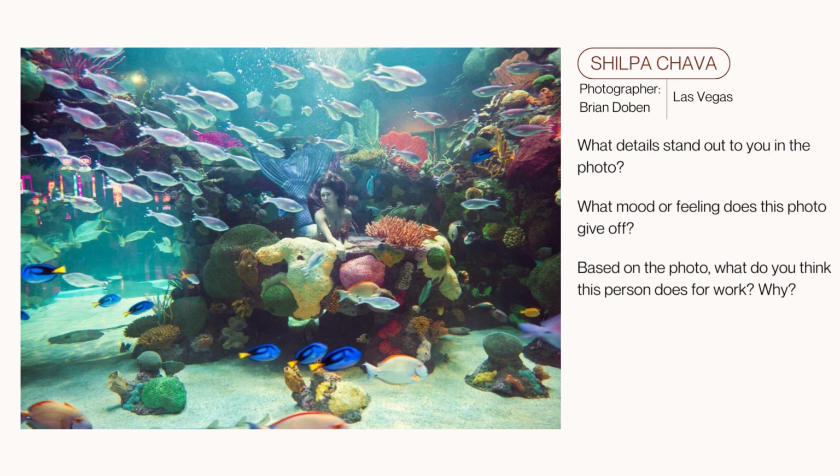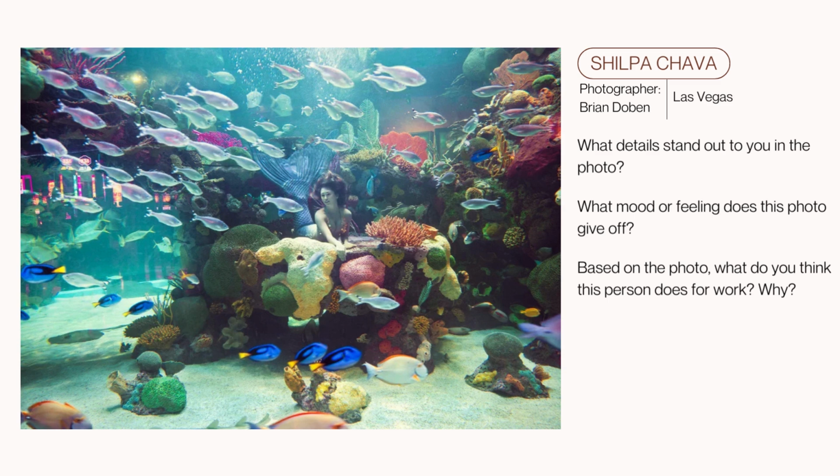Maybe it stood out to you that there's a person in the center of the photo. Does what she's wearing stand out to you? Look at her nice mermaid tail. Maybe the setting, and look at the background. Do you see any detail in the glass? Are we under the ocean, or where are we?